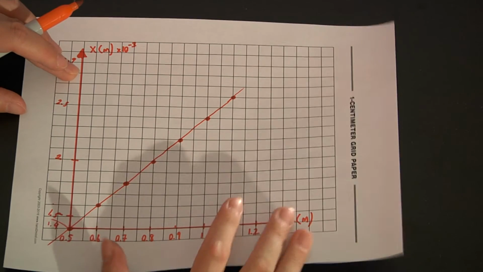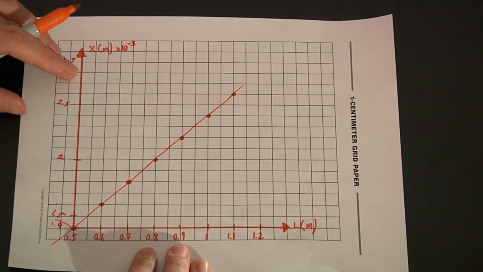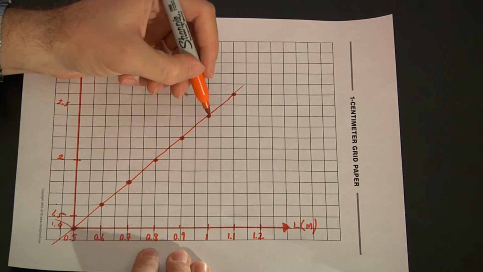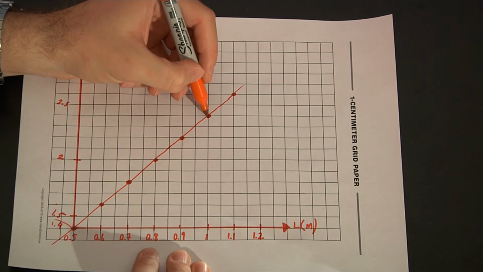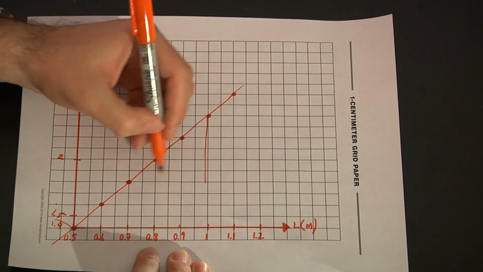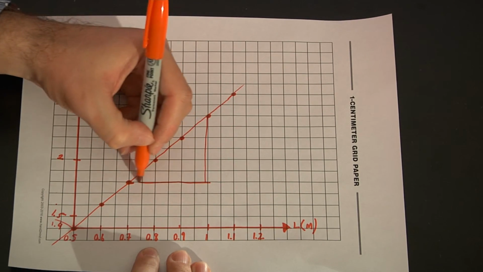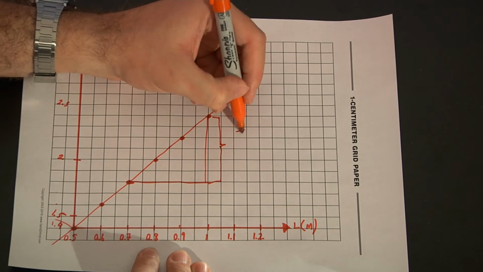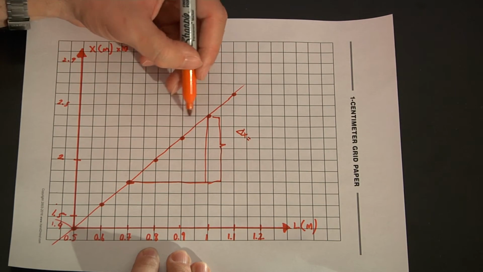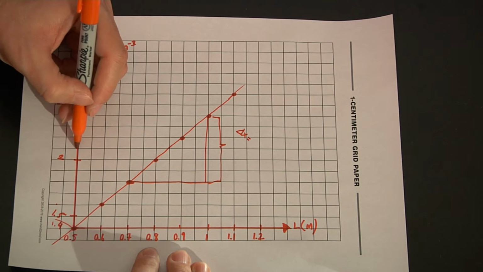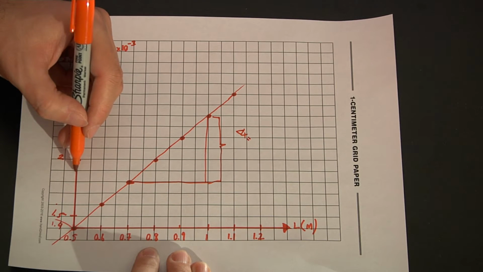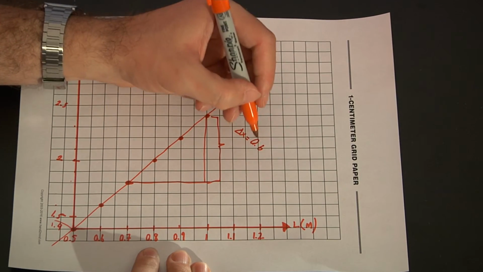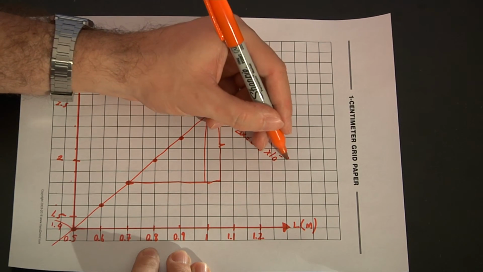And since this is pretty accurate data, we just need to find the slope of that. And over here, you just pick 2 points from the axis. And this is my second point. And my delta x is 0.6 times 10 to the negative 3.